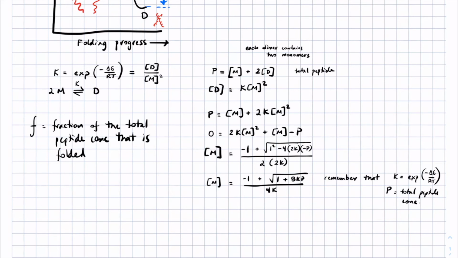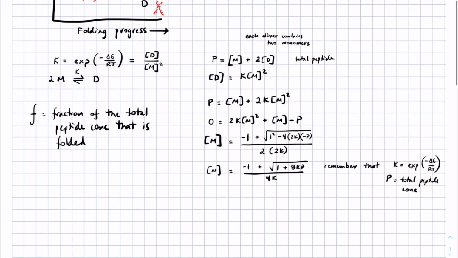So as an example, I would say that the fraction folded should equal 2 times the dimer concentration divided by P. That'll tell us how much of the total peptide is present in the dimer.